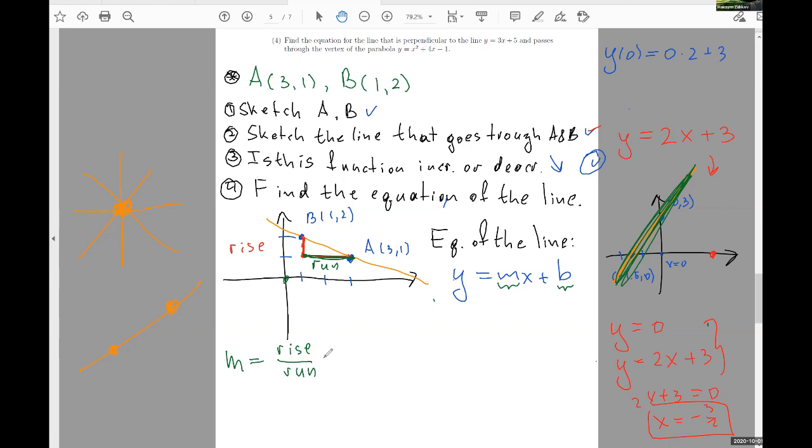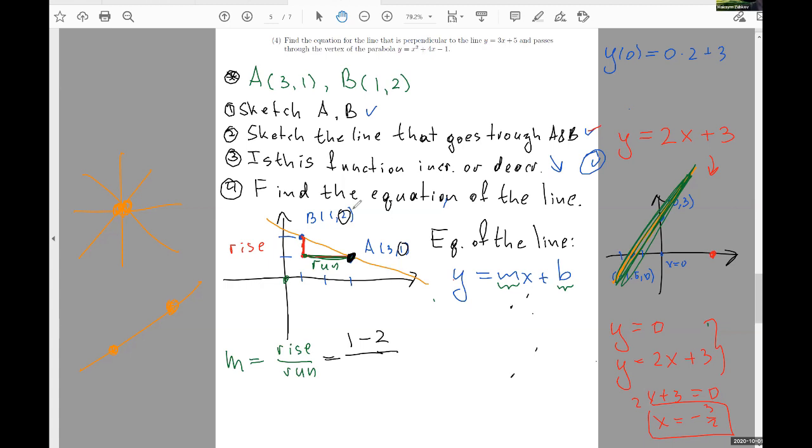Can anyone tell me what your rise is in terms of value? How to find the rise? Rise is actually -1. To find the rise, you take the y value of the ending point, which is 1, and subtract the y value of the initial point, which is 2.